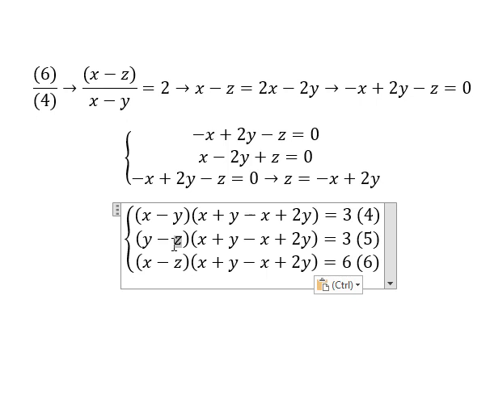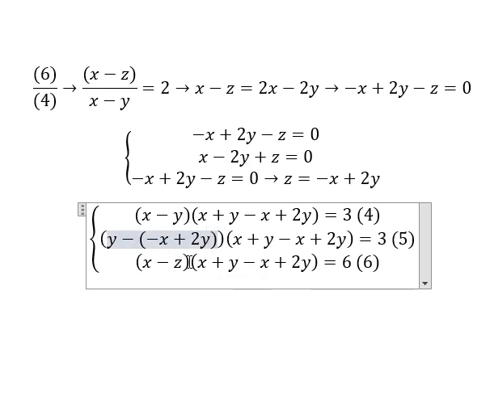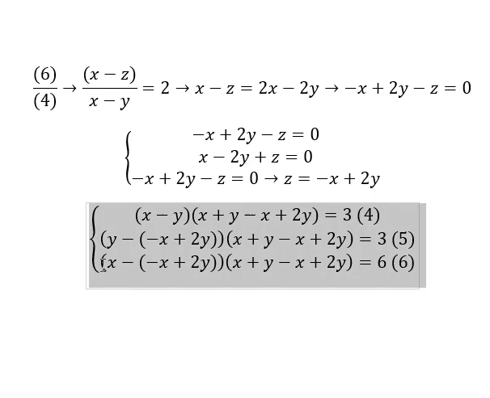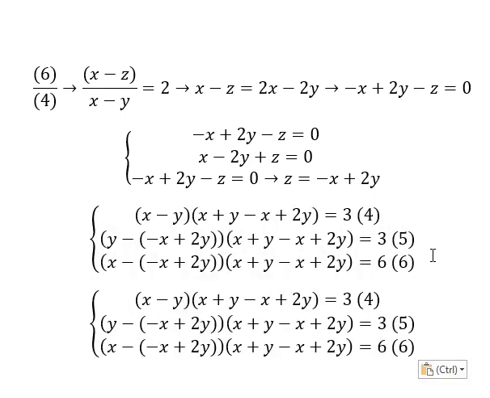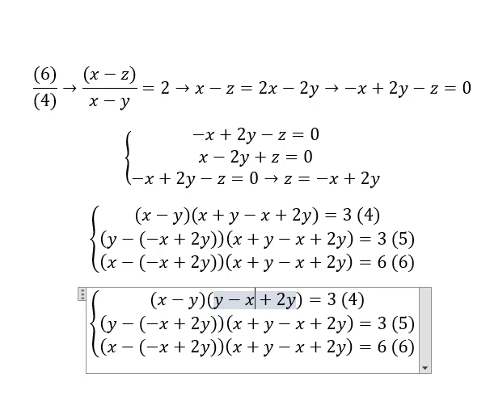Similar for this one. Now we have s minus s. This one we have 3y.